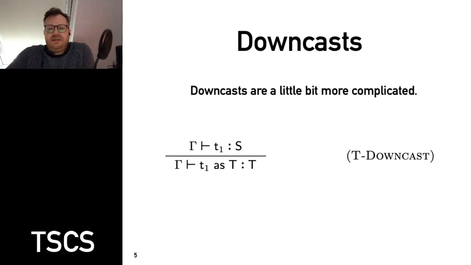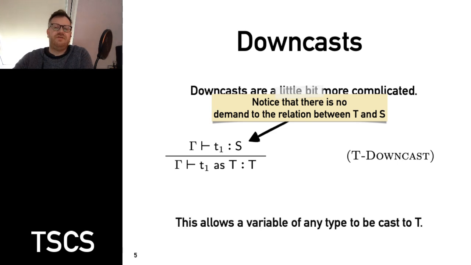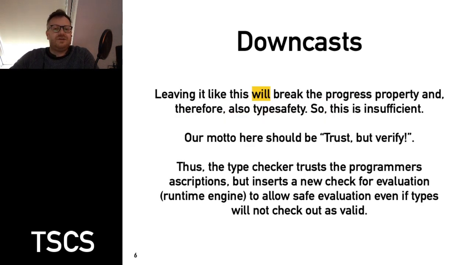So t1 as T is of type T when you can type t1 as S. However, we have a rule now that allows us to do that. This allows a variable of any type to be cast to T. So this is basically what a downcast is. But do you want that? I don't know. So leaving it like this will actually break your progress property and therefore also type safety.